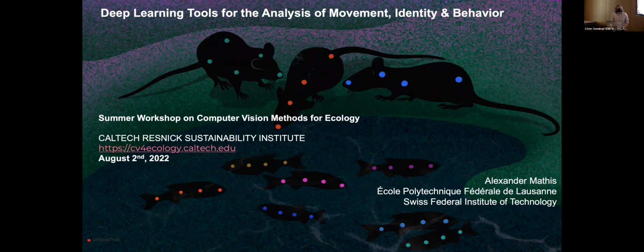But one thing you might have all heard of is DeepLabCut, which is a really widely used, incredibly impactful tool for taxa-agnostic or very easily adaptable pose estimation for animals in different types of data. I'm really excited to hear this talk.